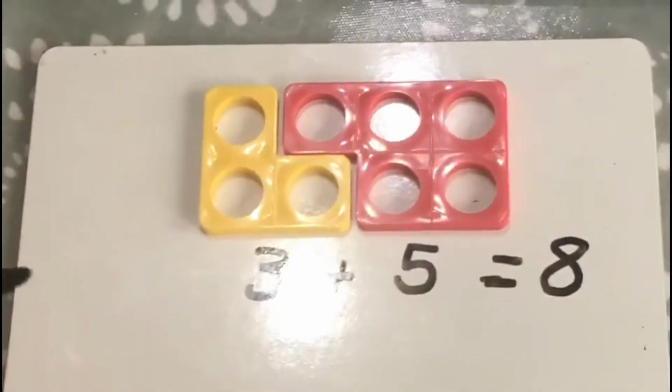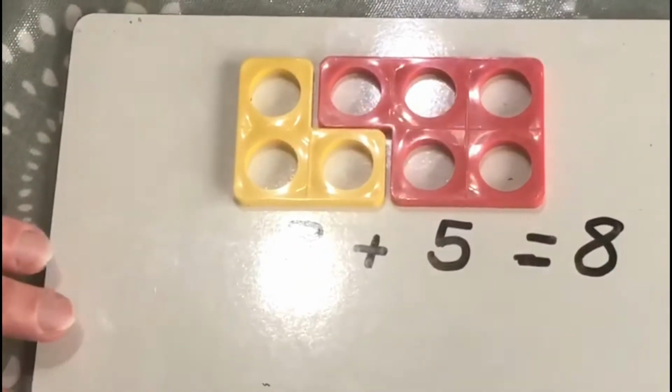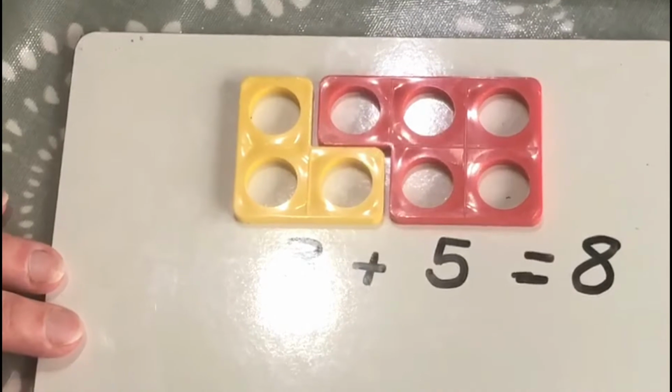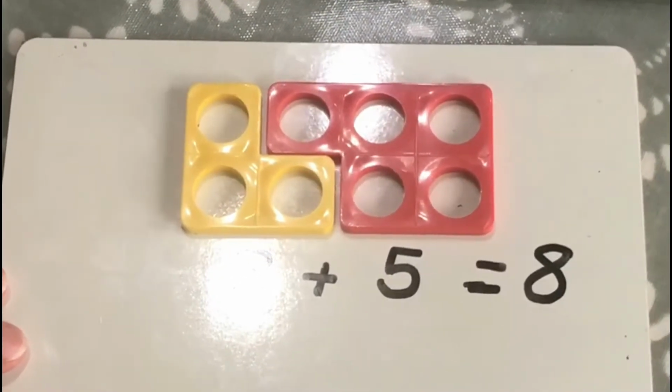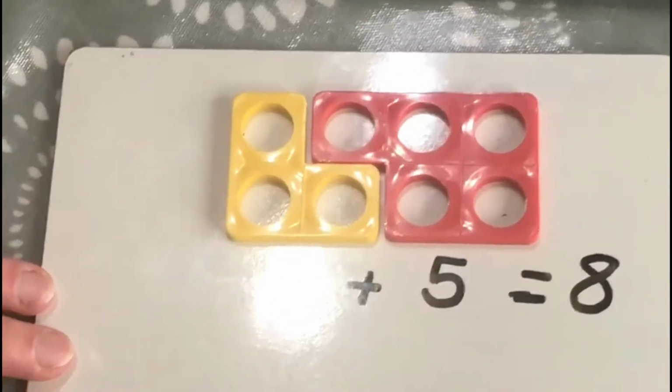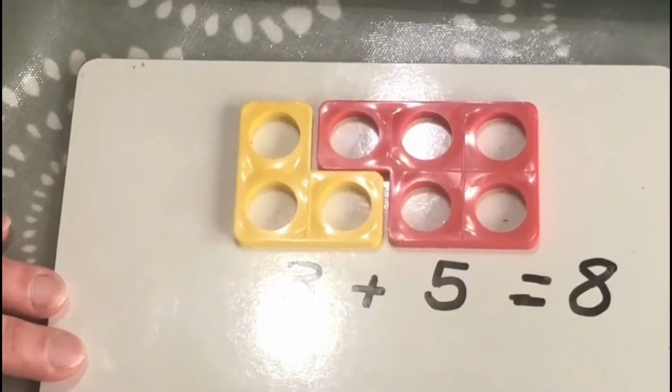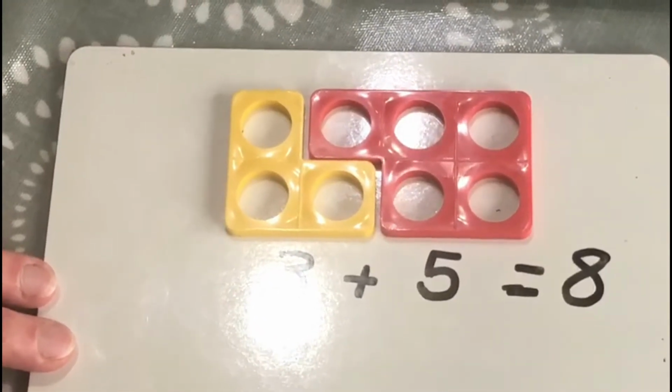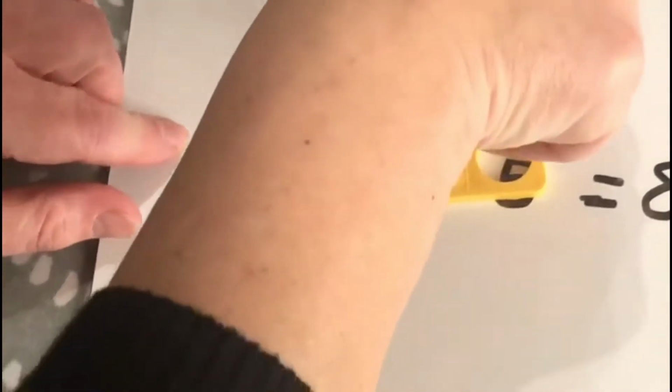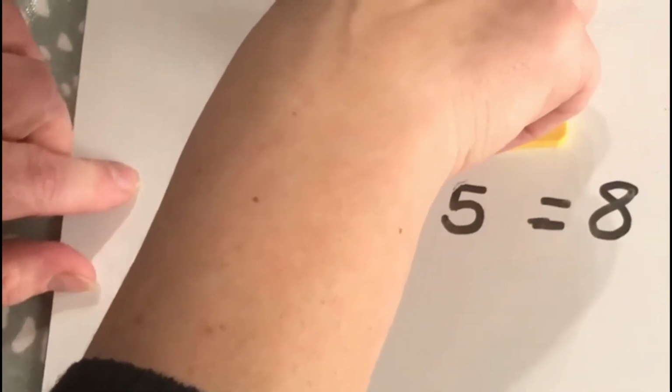Now I'm wondering if you've remembered what we can do to those two parts when we are adding them. Can you have another little think by yourself, or maybe tell the grown-up next to you? You're right, we can switch those two numbers around, can't we?